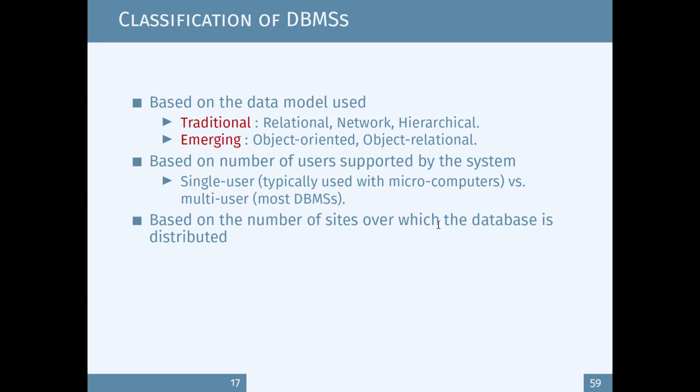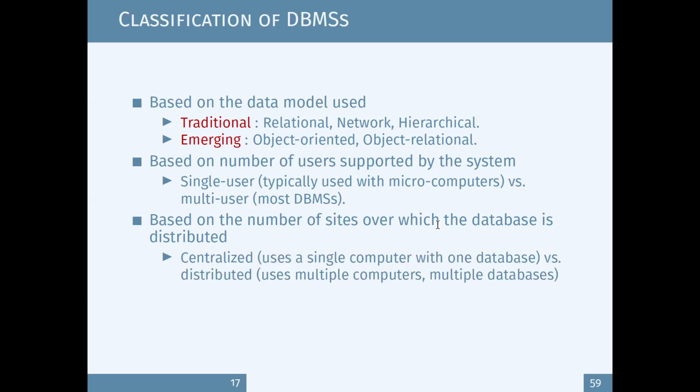So if the data is stored in just one single place, we normally call it a centralized database or centralized system. If the data is stored in a distributed manner, that means in different places, different locations, we call it distributed. And nowadays, mainly, the data will be stored in multiple different places. We call them distributed databases. With that, you can serve many users who are in different geographical locations.